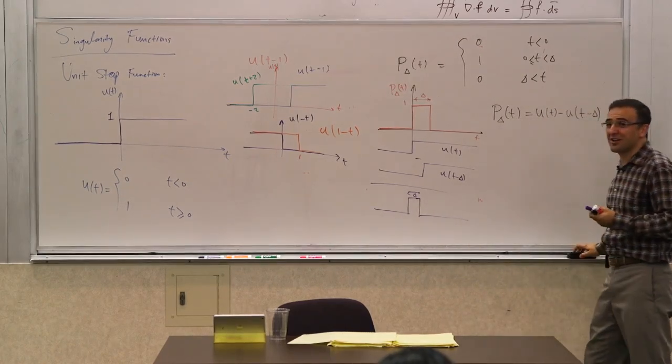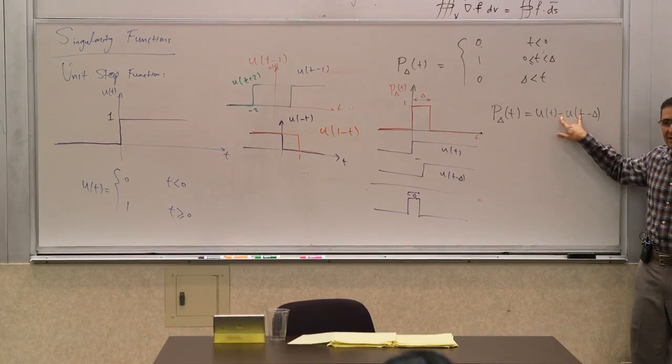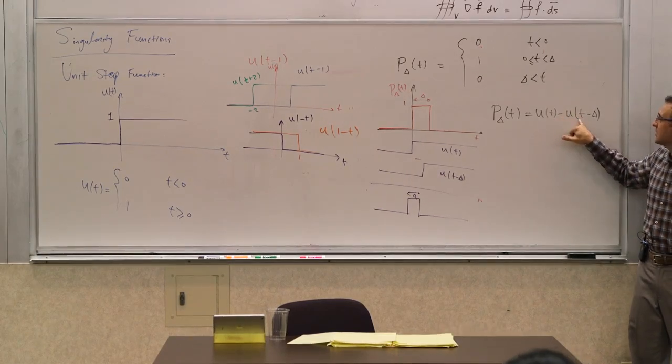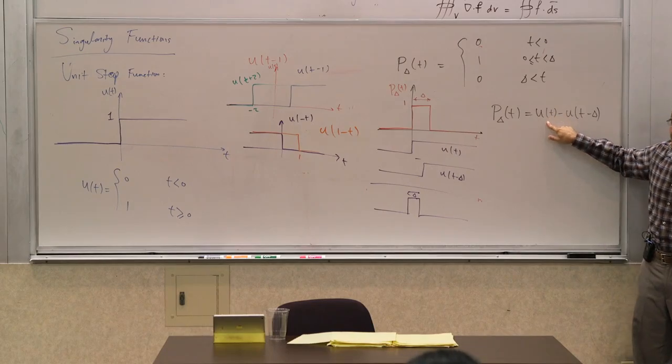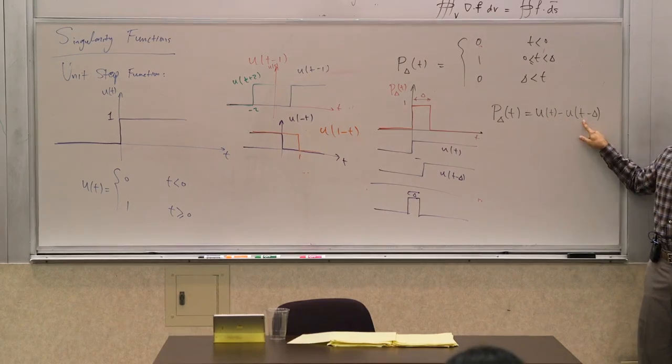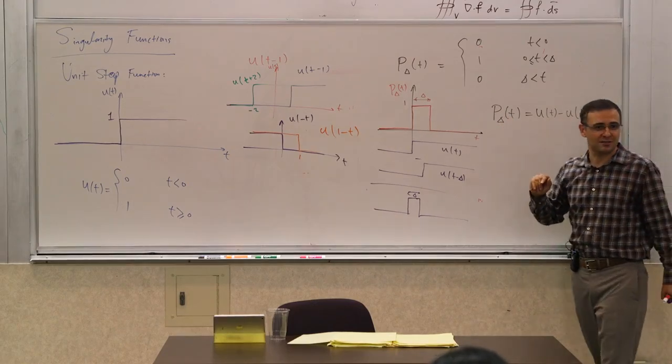Okay, superposition, because this way you've written it as a sum of two things. As long as you're dealing with a linear system, you're looking at the response. You have simplified this in terms of two things. So if you know the response to this guy, you probably know the response to this one too. Then you can write the response to this as a sum of the two responses.